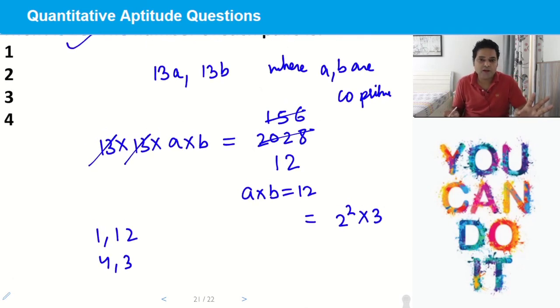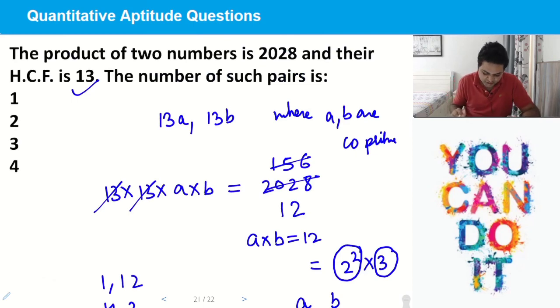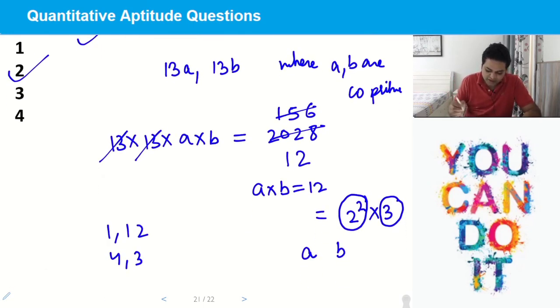Is there any other pair you can make? You cannot make any other pair, because you need to send this complete thing to either a or b. Since it is an unordered pair, because nothing is written about order, the number of pairs will be 2. So it will be either 1 and 12, or it is 4 and 3.